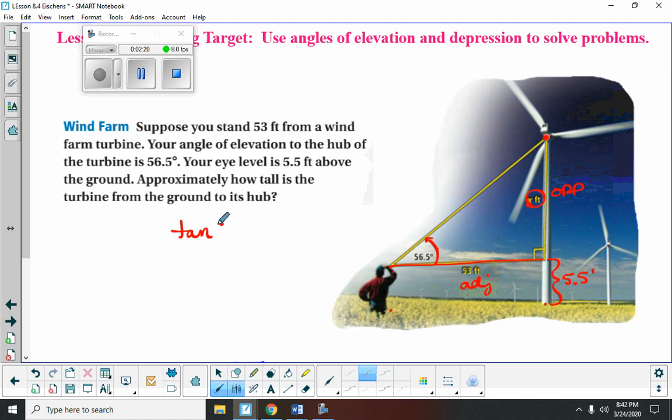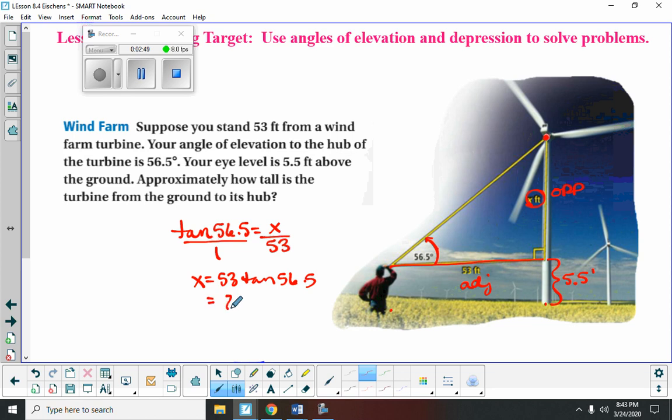So the tangent of 56.5 equals the opposite over the adjacent. And we will cross multiply. So we get 53 times the tangent of 56.5. So x equals 53 tangent 56.5.